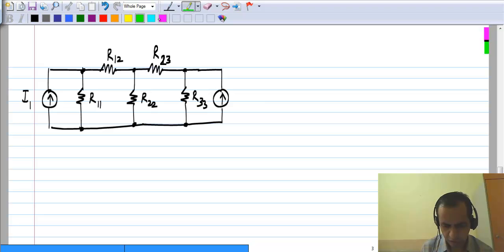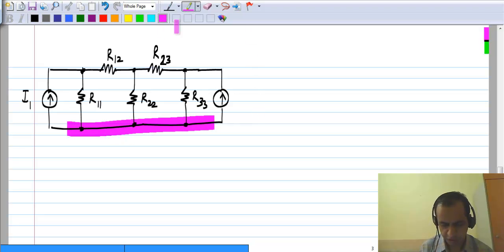And this of course is the reference node, and this is I3.